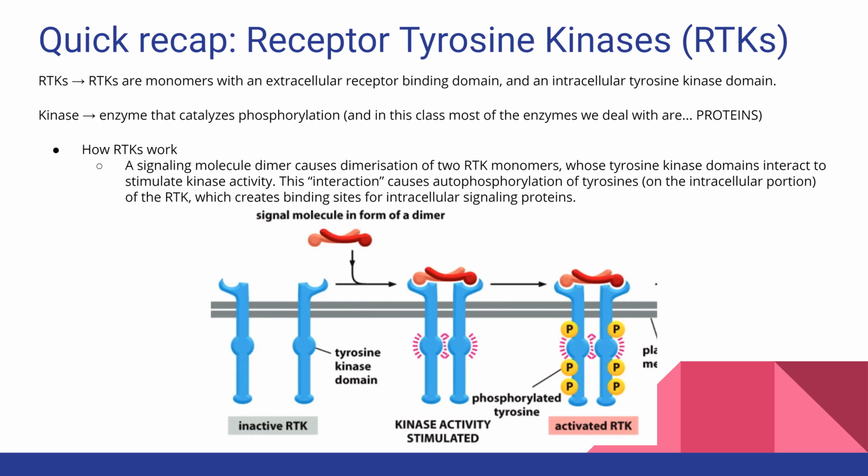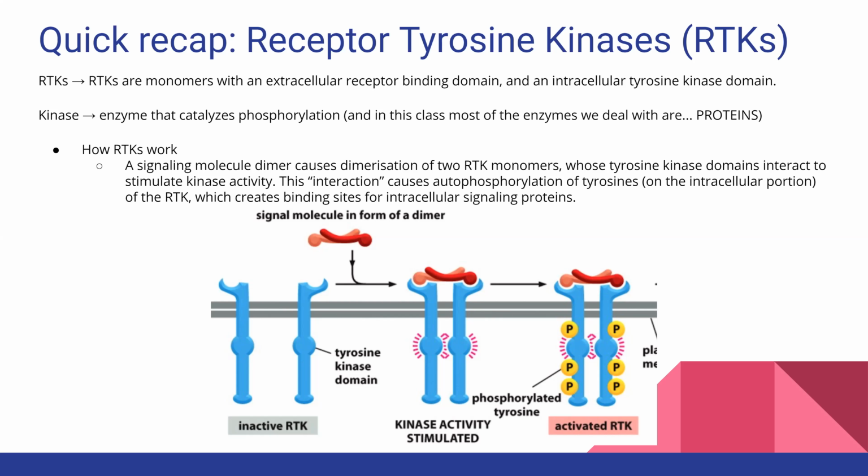In this case, we're going to deal with phosphorylation of proteins. So again, RTKs work by a signaling molecule causing dimerization of two RTK monomers, whose tyrosine kinase domains then interact to stimulate kinase activity. This causes autophosphorylation, so they phosphorylate themselves, which is then used as a binding site for other signaling proteins to carry on the pathway.